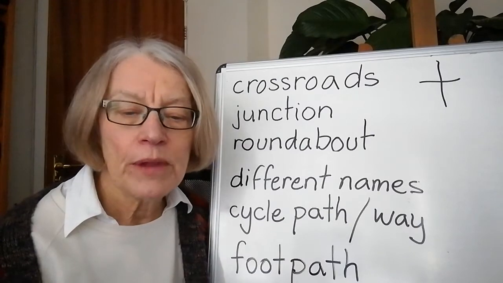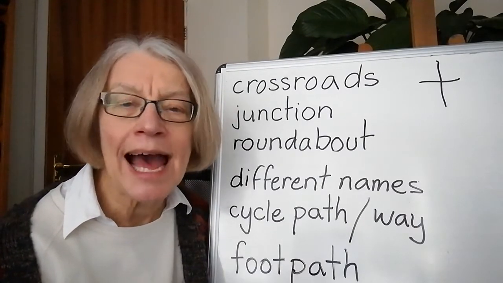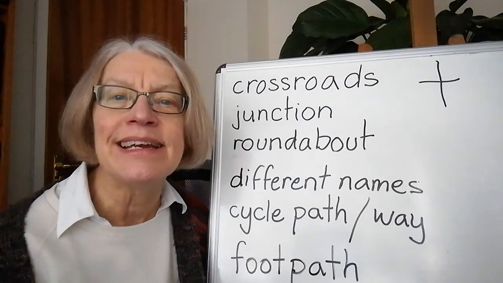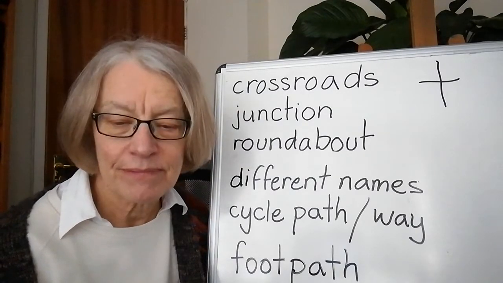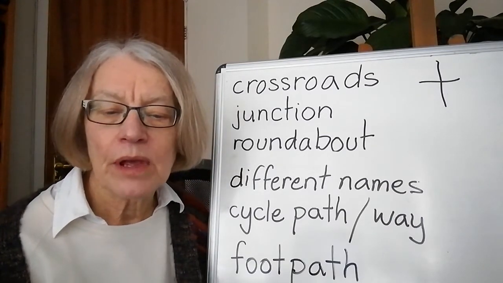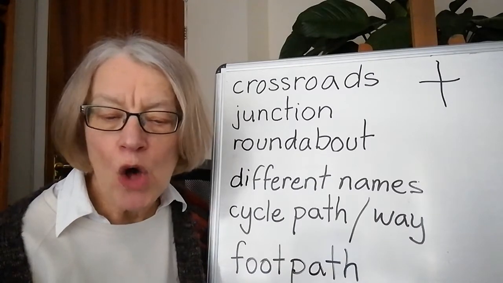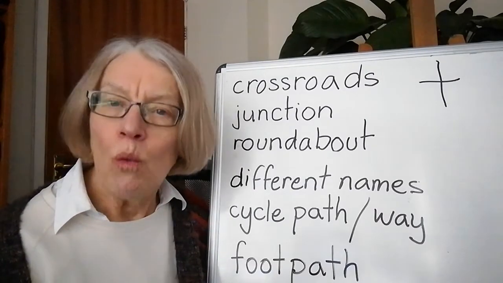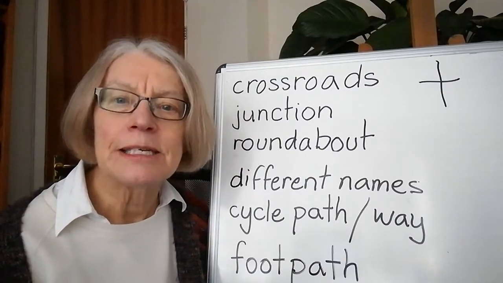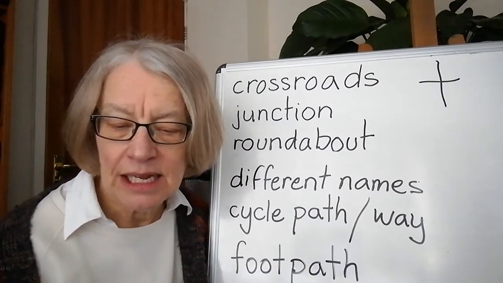Number 4. What is a road called where you cannot get out at the other end? Number 5. If the council does not own a road, what do we call it? Number 6.